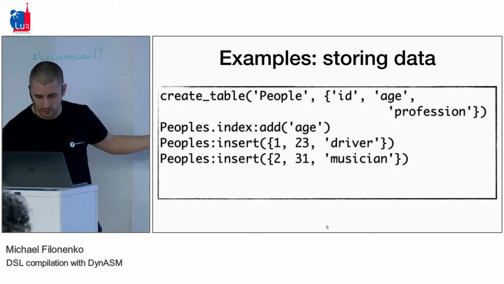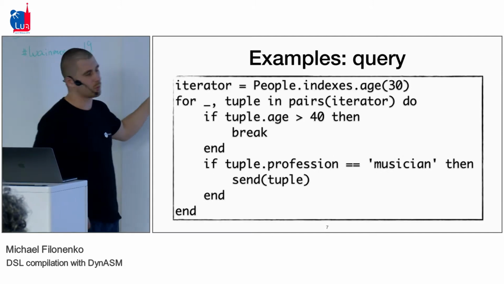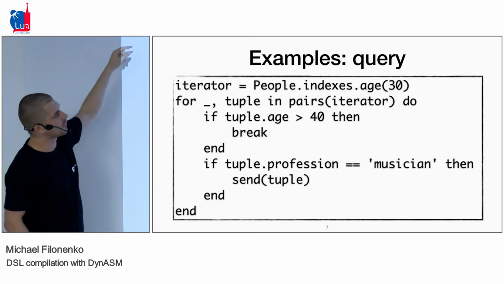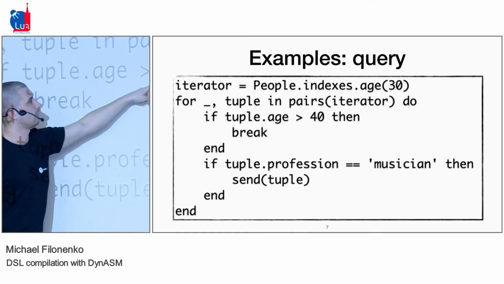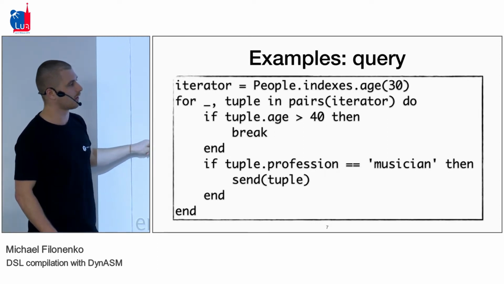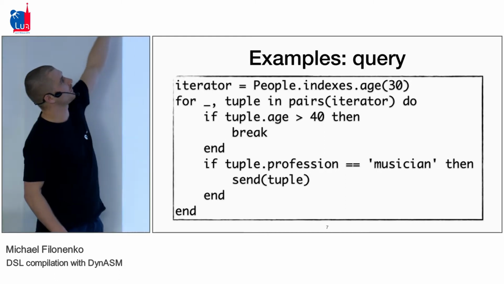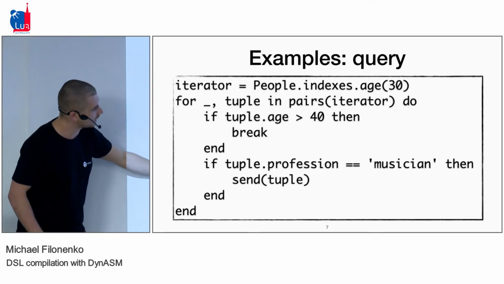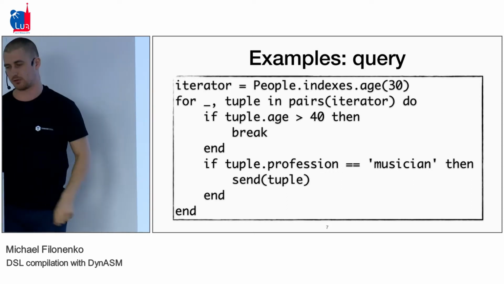And we want to get people with age between 30 and 40 and do additional filtration to get only musicians. So this is built-in functionality, a little bit lower. And this part I want to do really fast.